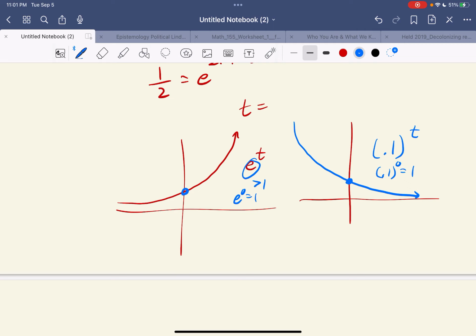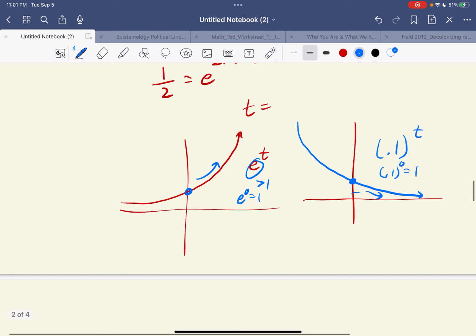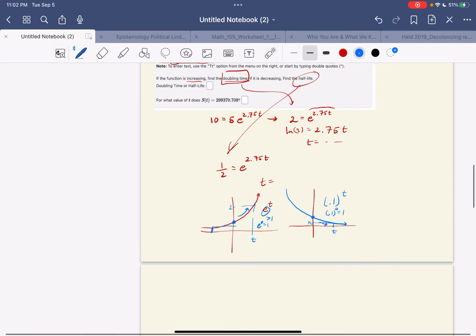So they start at the same place. It's just here I'm going up and here I'm going down. So it's easier to hit a half at some positive time value here, and here it's easier to hit 2 at some positive time value. But since we can't rewind time, I can't hit a half back in time.